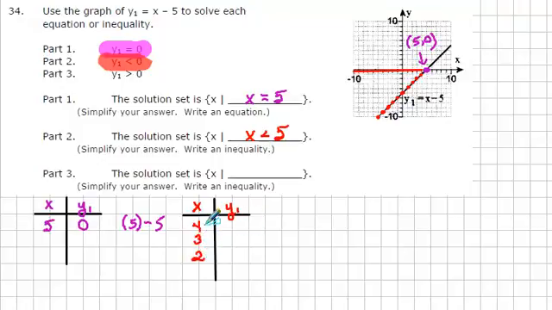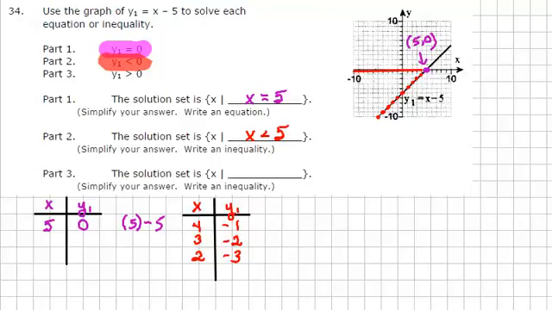When x is equal to 4, 4 minus 5 is equal to negative 1. 3 minus 5 is equal to negative 2. 2 minus 5 is equal to negative 3. Notice that all the y1 values are less than 0. So the solution set is, once again, the set of x such that x is less than 5.